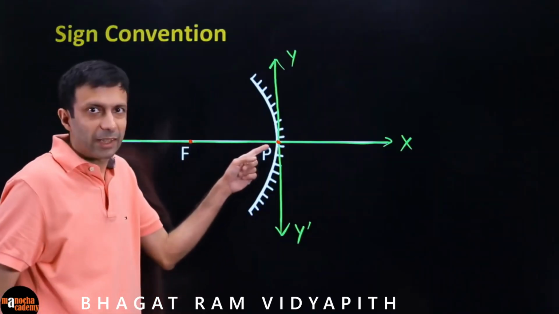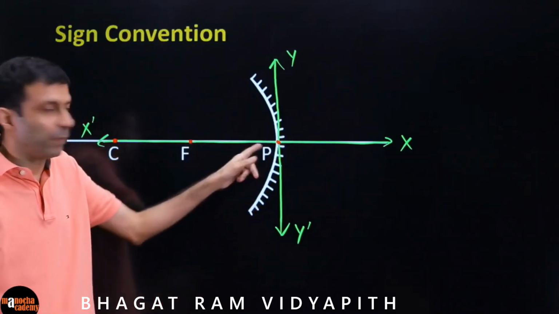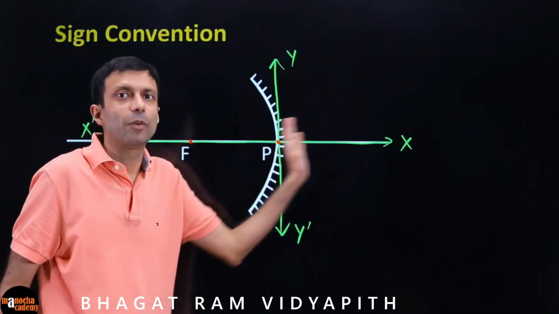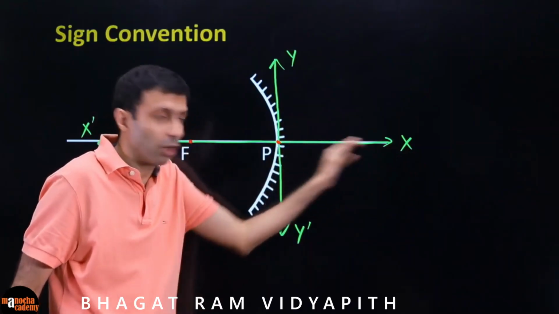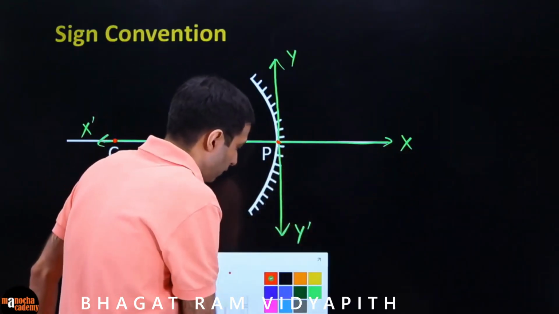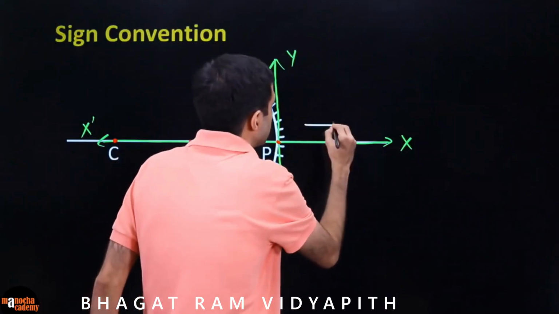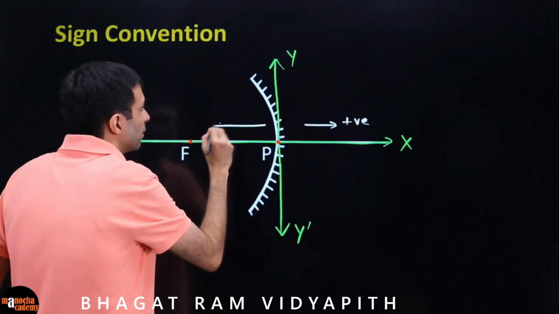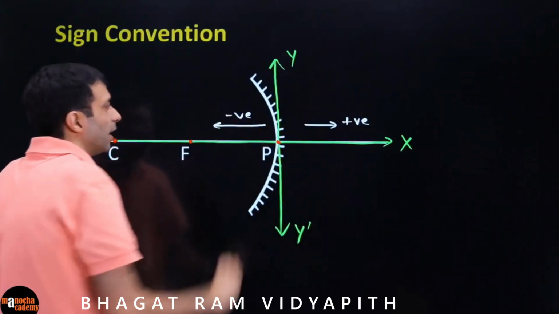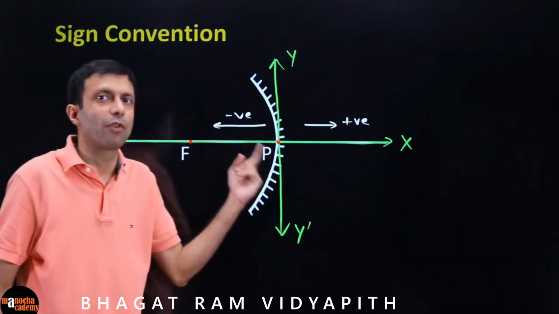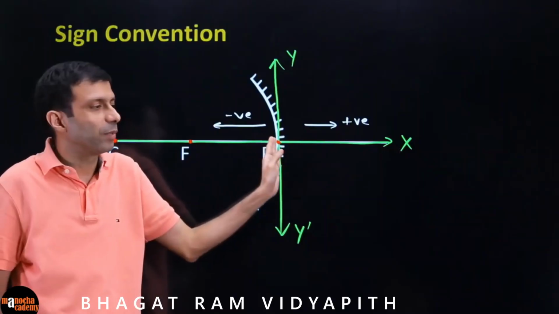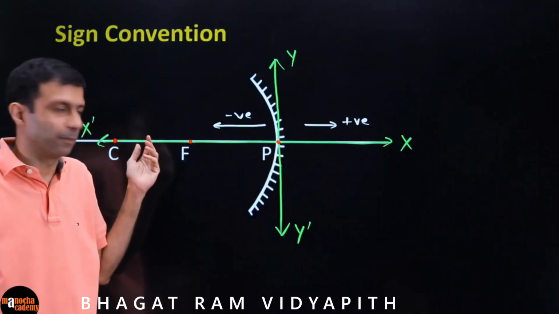So can you guys see pole is like the origin where the x and y axis meet? So what does sign convention say? Any distances you are measuring to the right, that means along the positive x-axis, these distances are considered positive. Anything measured here is negative. And remember, all measurements are taken from the pole. So you measure just like coordinate geometry, you measure from the origin, same way over here.